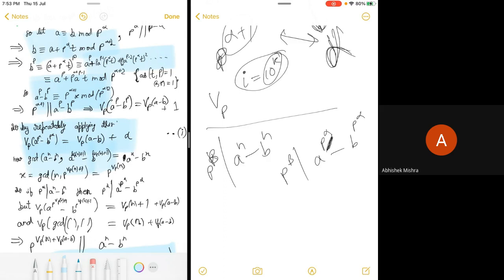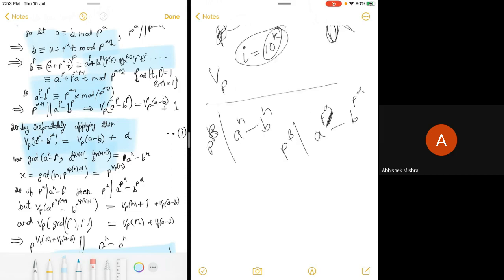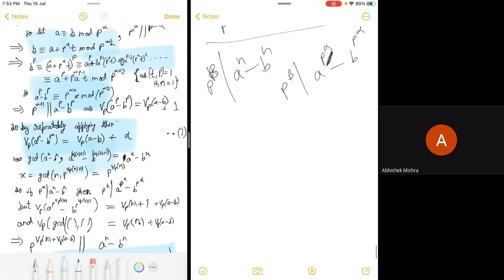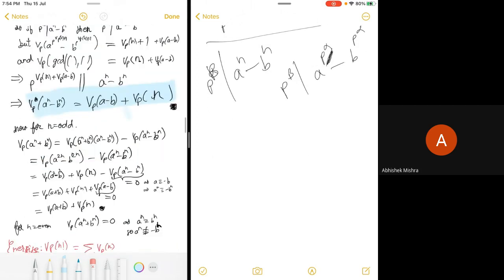So this is because, consider the GCD of p to the alpha plus 1 and n. So basically the factors in n which are coprime to p don't matter. So we have proved this.